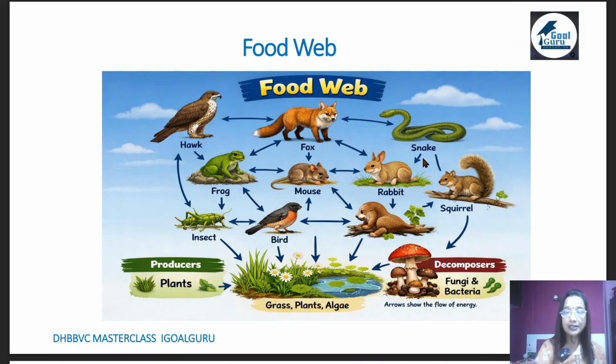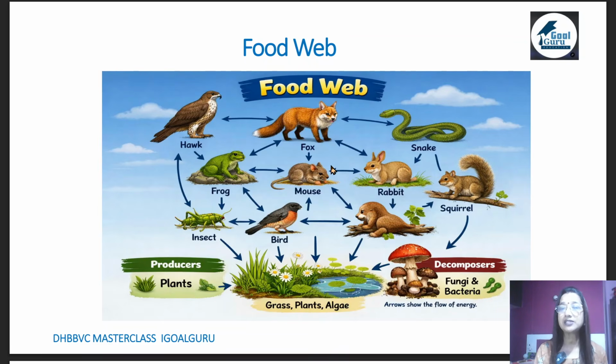Right? Now, we know that the hawks hunt for the rabbits, and humans also consume rabbits in some parts of the world. Similarly, you can see a mouse over here. This particular mouse may be eaten by the snakes.